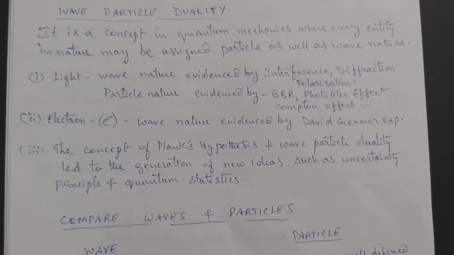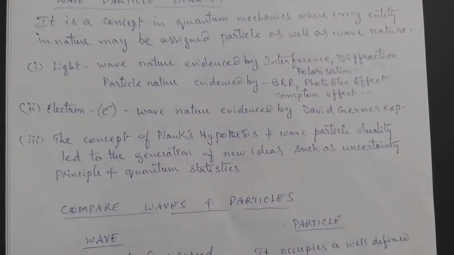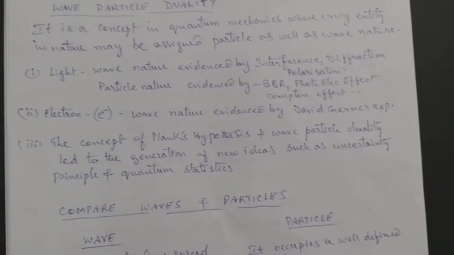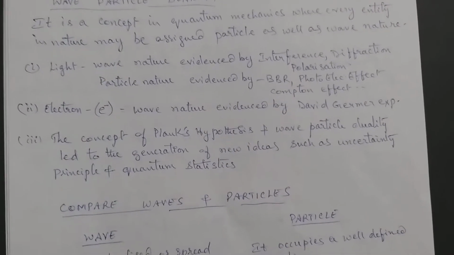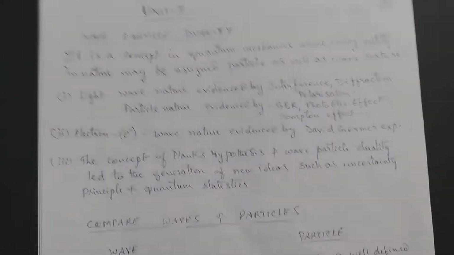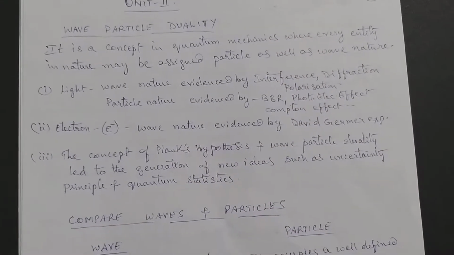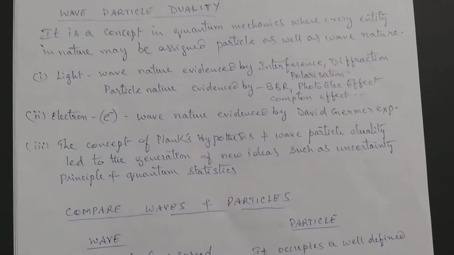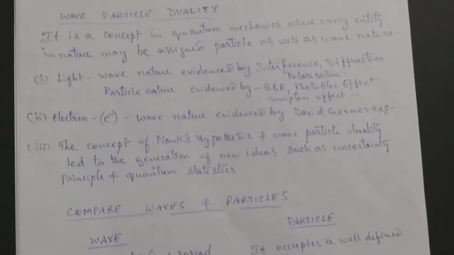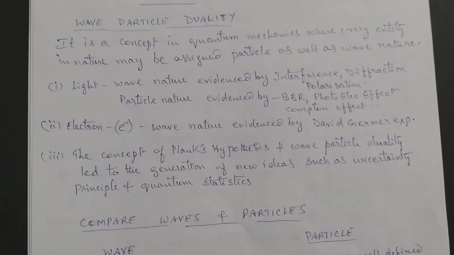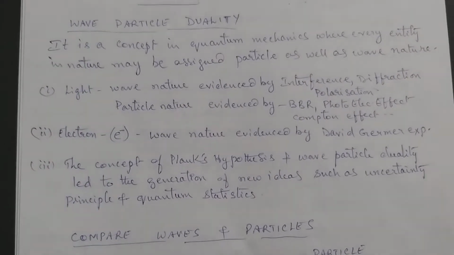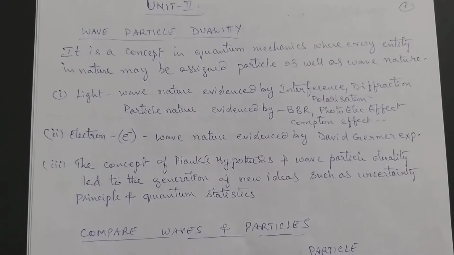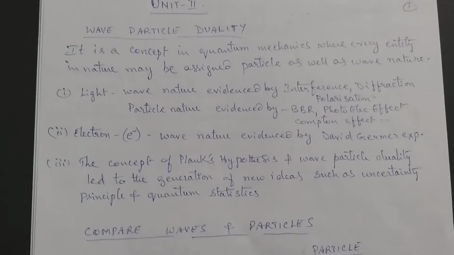First of all we have seen light, electromagnetic radiation, where photon was there, and that photon is a particle. So particle nature of light we have seen, which is supported by photoelectric effect, Compton effect, black body radiation, etc. The wave nature, we have seen it is supported by interference, diffraction, polarization, things like that.